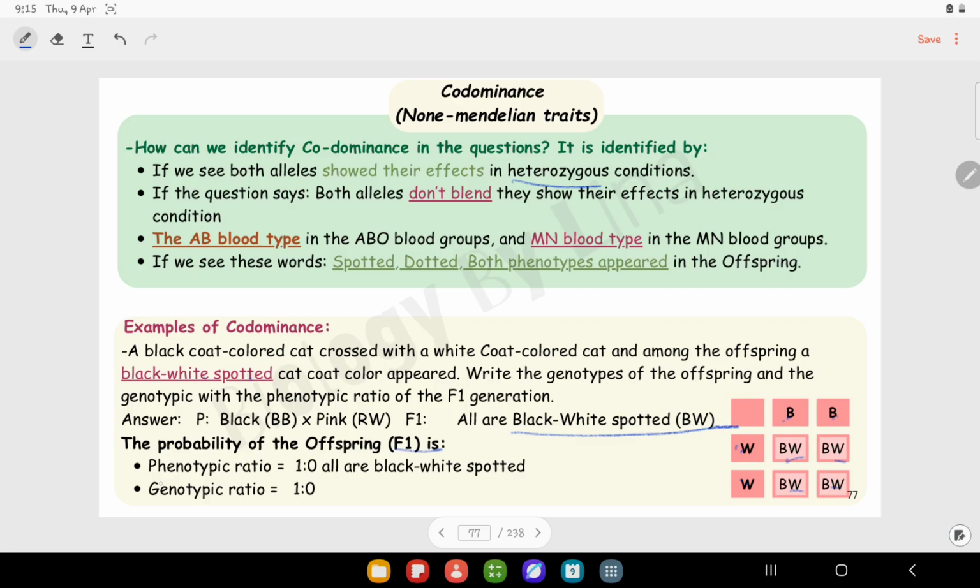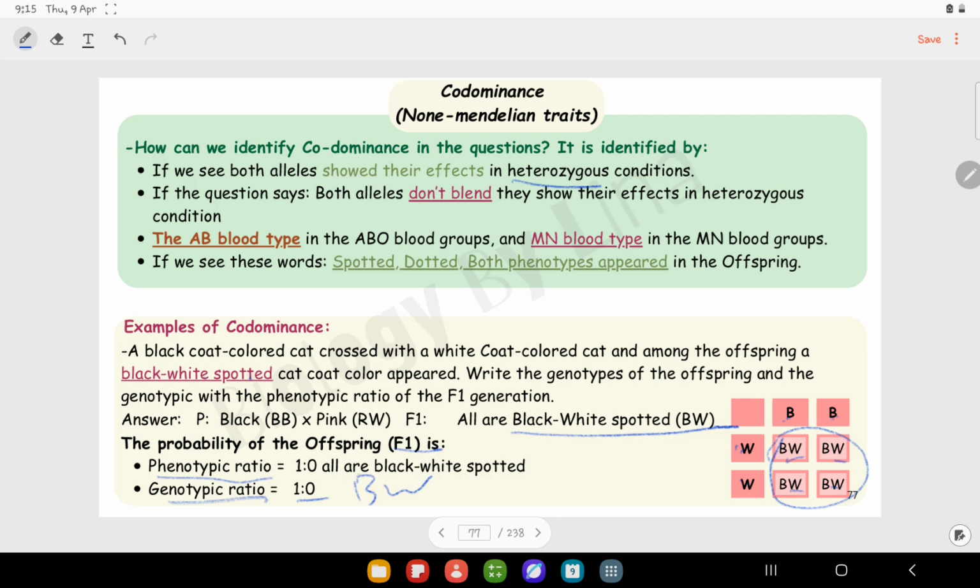What about the F1 generation, the phenotypic and genotypic ratio? Here, it's also the same as incomplete dominance. It means the genotype ratio equals the phenotype ratio. For example, here you can see that all of them are BW, so it's 1 to 0 BW. What about the phenotype?